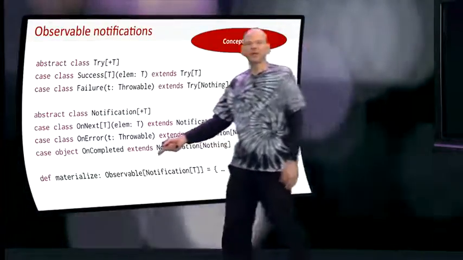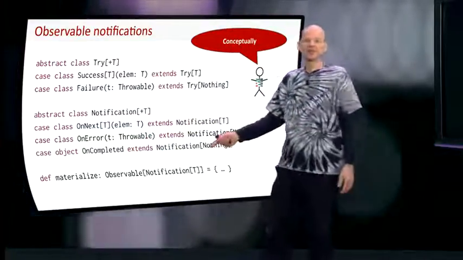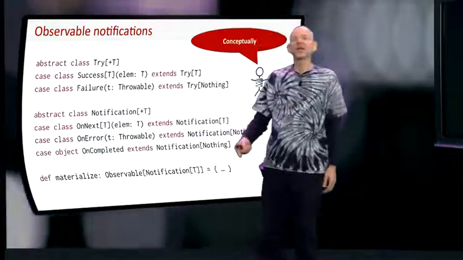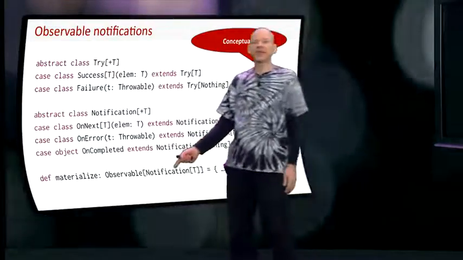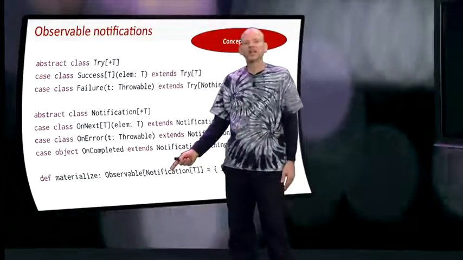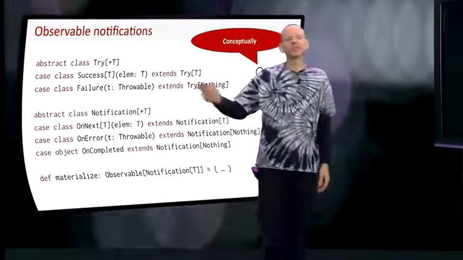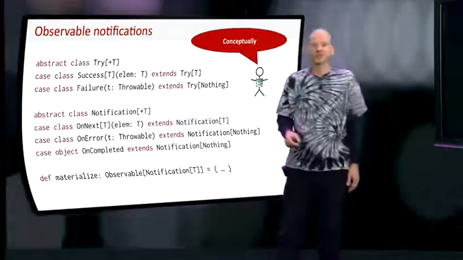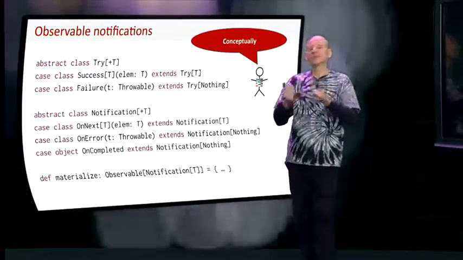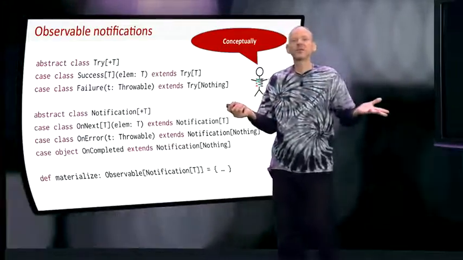And there's a function here, materialize, that takes an observable of T and turns it into an observable of Notification[T]. And now when you subscribe to this thing, your subscription has to pass a function from Notification[T] to Unit, just as what you get with a future. So you can always move between these two things. Pattern matching or passing the functions separately, it's all the same thing.